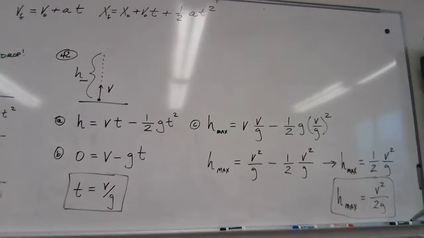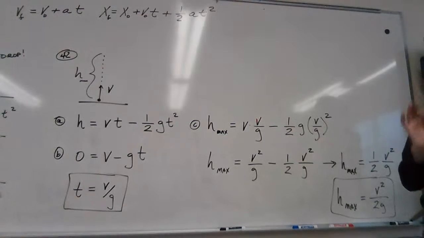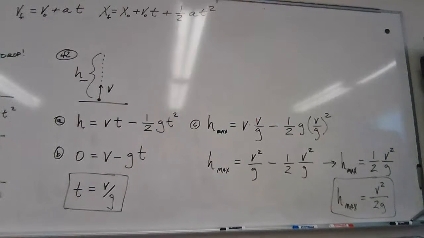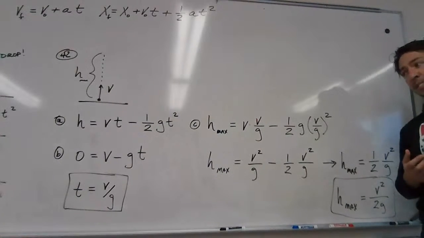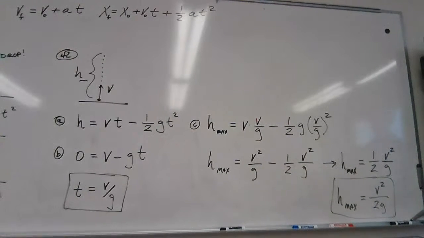So I know we're almost out of time here, but for 43, I know you guys can do 43 on your own. You've seen this. It's almost the exact same question, just slightly different, okay? So for 43, for A, you're solving for how much time it takes to reach the maximum height.